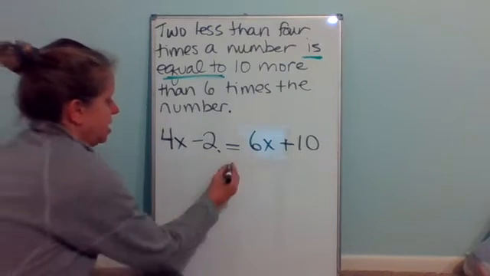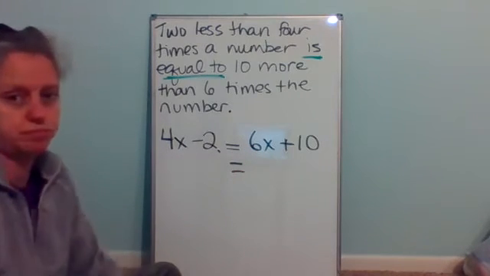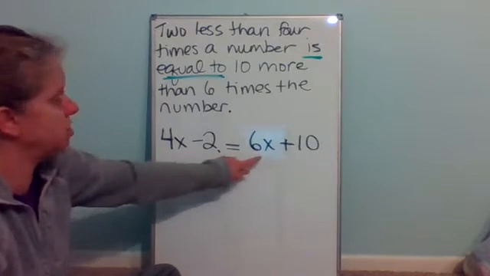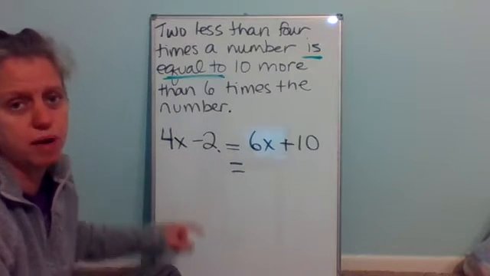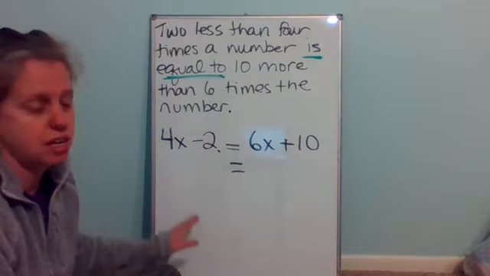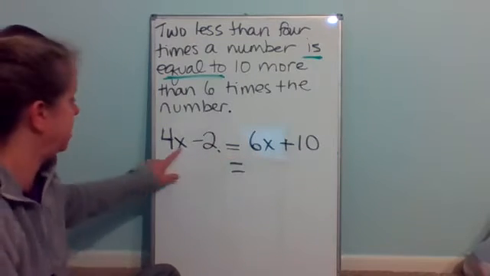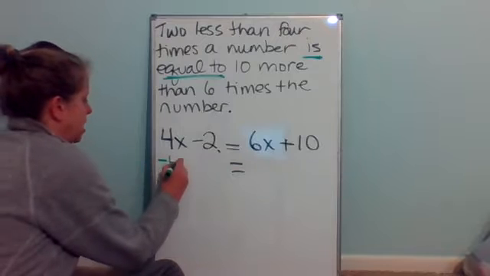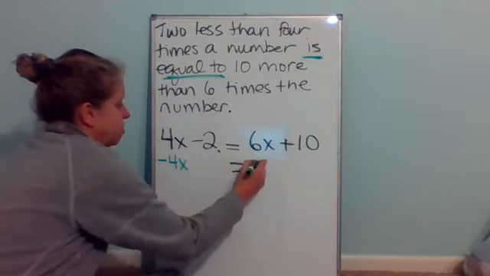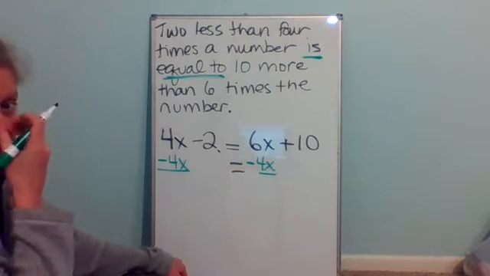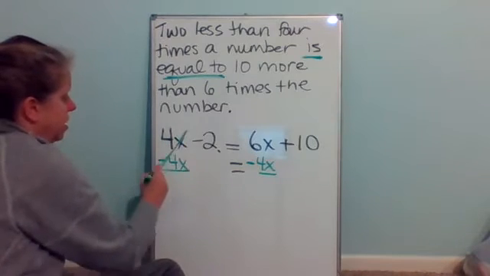So let's see again, keep your equal symbol. I have x's on both sides. I'm going to go ahead and cancel my small one. Doesn't matter. You can cancel your 6x if you want. You'll come up with the same thing. If I cancel my small one, I'm subtracting 4x from both sides. So that gets rid of it.